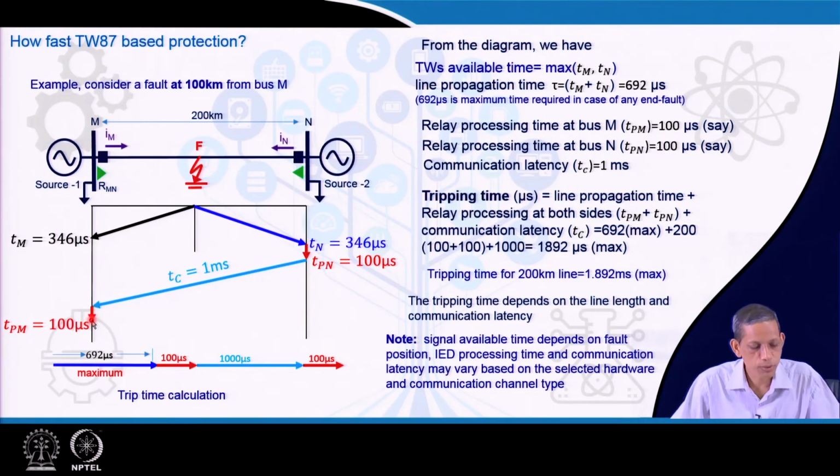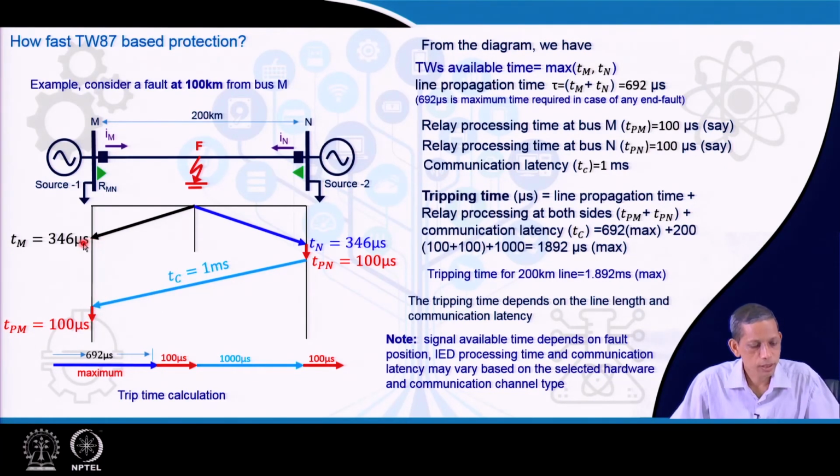So, to apply the principle it takes 100 microseconds. This is the processing time at N and M. So, in total, for the time frame of calculations, you sum up the travelling time to this end, plus this, plus this, and plus this.